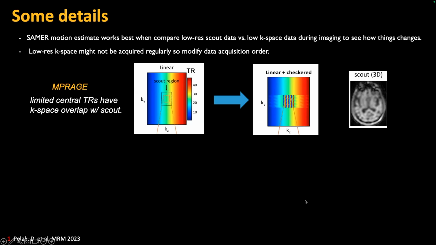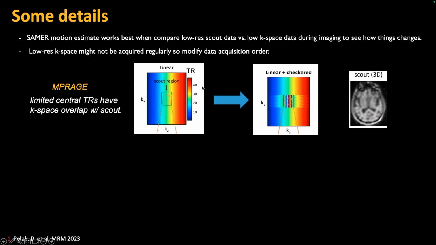Here's an example of an MPRAGE sequence where you can see, per phase encoding, you acquire a volume TR. Here is the scout region that we acquire low k-space data on. With these early TRs, you don't have overlapping k-space data with the scout, so you can't really estimate motion.